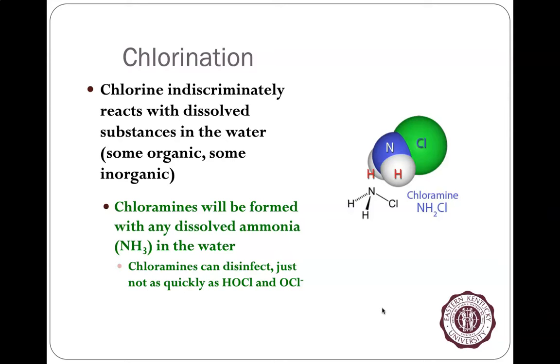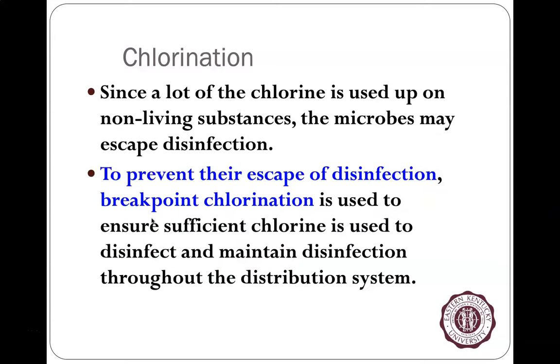Some people even run their water plants using these as their type of chlorine. But chloramines are also formed naturally when chlorine is added to water with a lot of ammonia and organic matter.